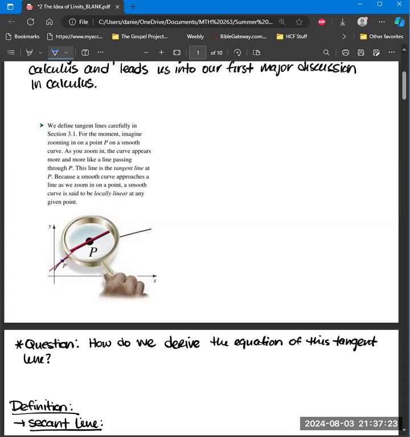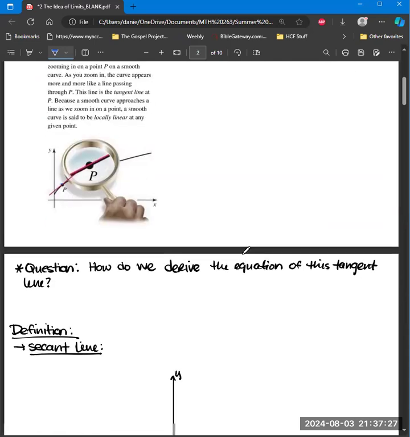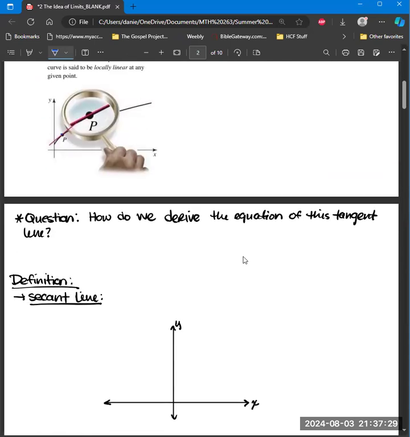So how do we derive the equation of this tangent line? So we use secant lines. And this is going to look very familiar because secant lines are going to have to do with the difference quotient.